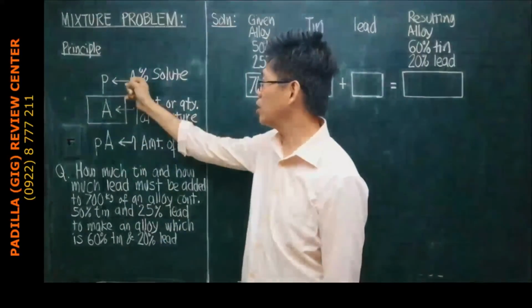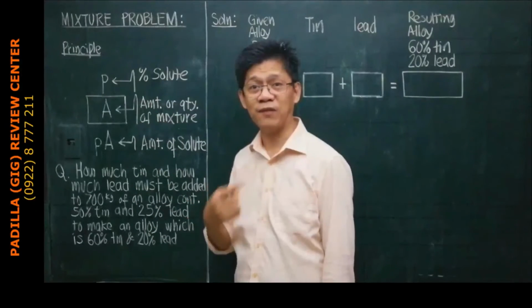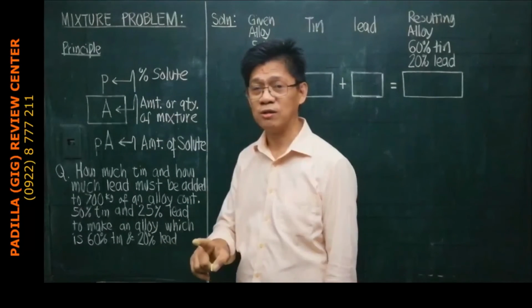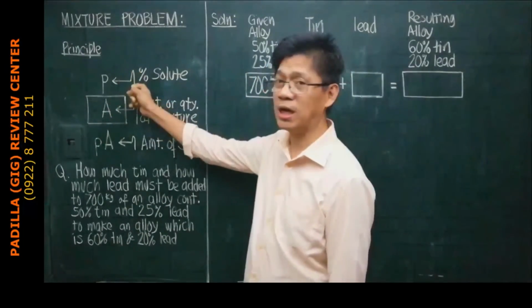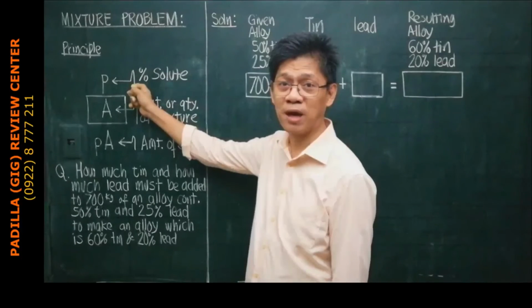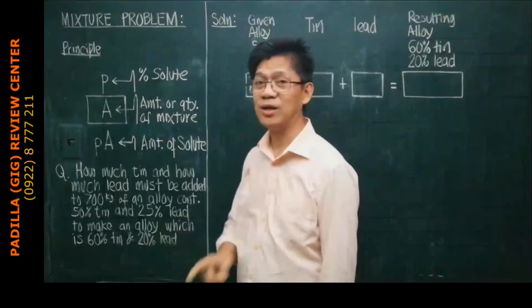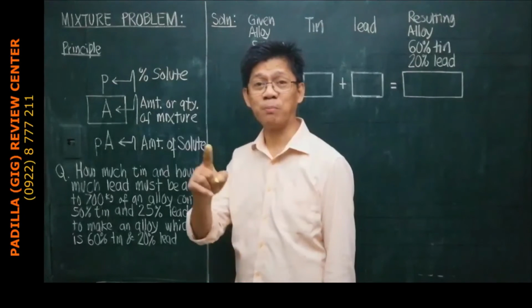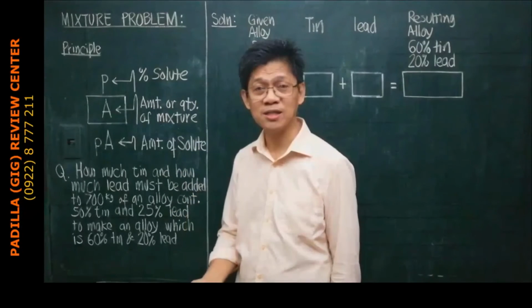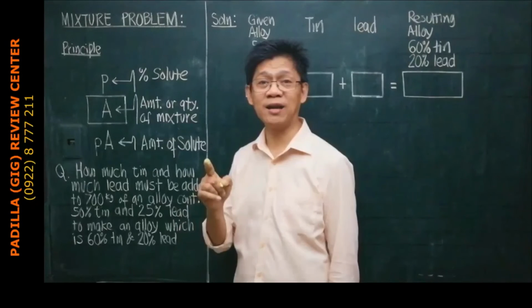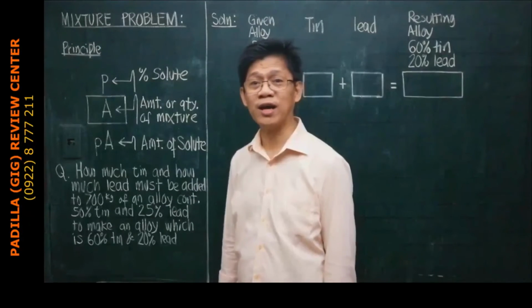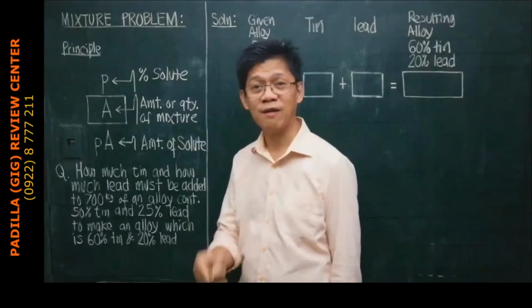So, if percent of solute is not available or is not mentioned, then it could be anything that bears per unit. For example, price per piece, price per kilogram, or weight per unit, volume.